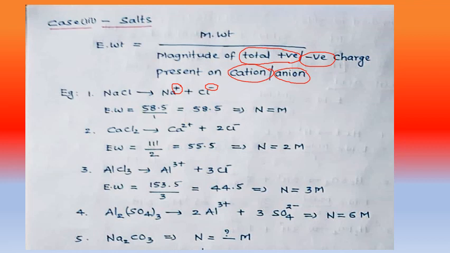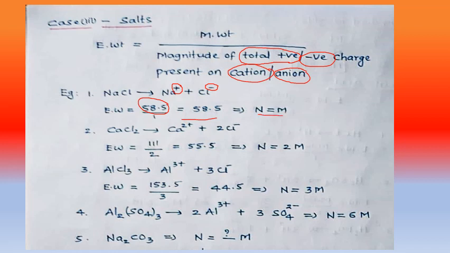So equivalent weight equals molecular weight, 58.5, divided by, you can take any magnitude, cation or anion, whatever you want to take, but total charge. So here divide by 1, 58.5, and N equals M, because N equals 1 into M.